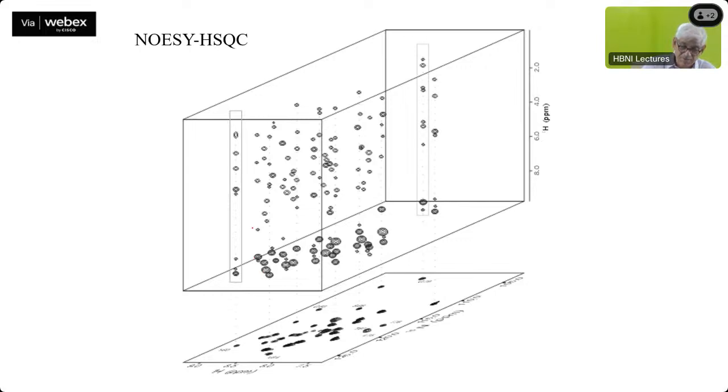Every peak here generates the protons along this axis, and these are the NOEs. So from each of these amide protons, you are generating the NOEs to the various aliphatic protons. And these residues are separated along this axis using the N15.